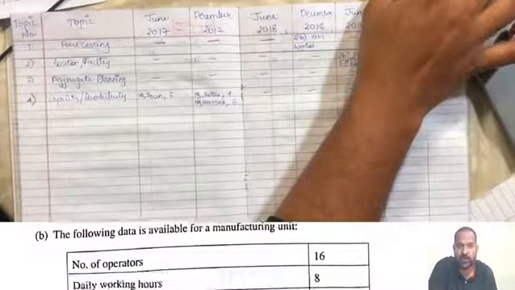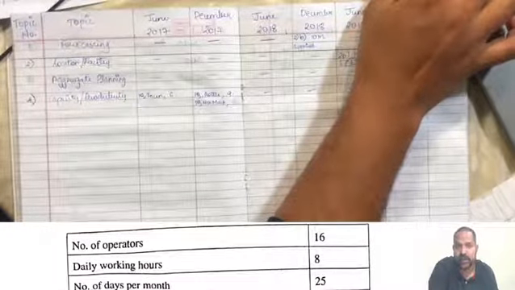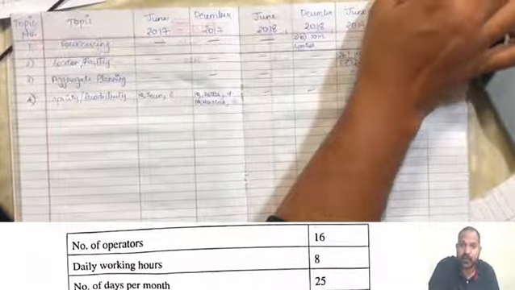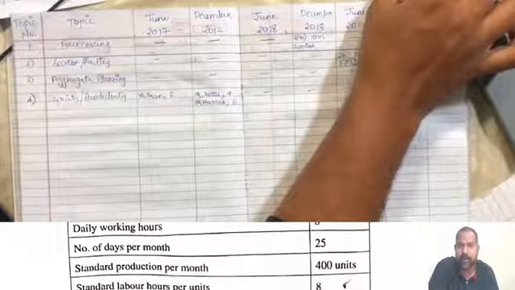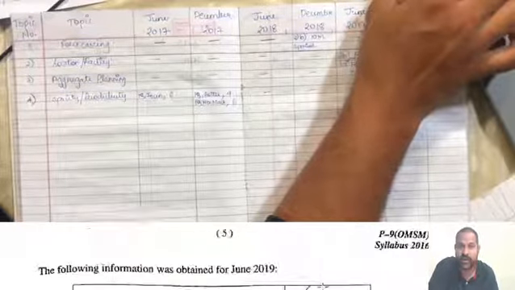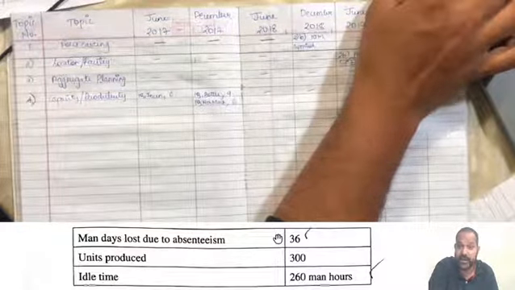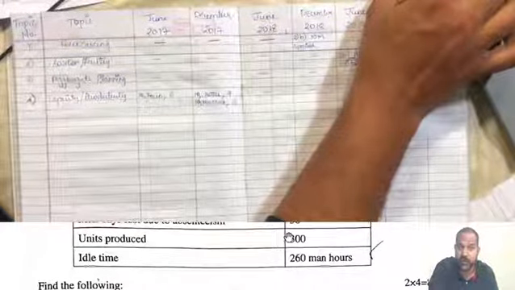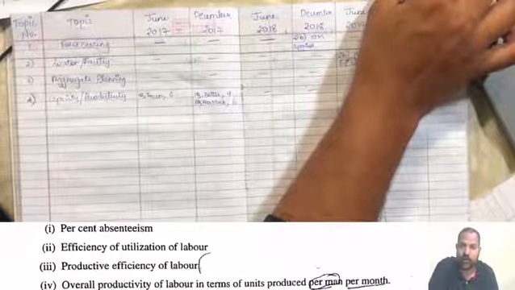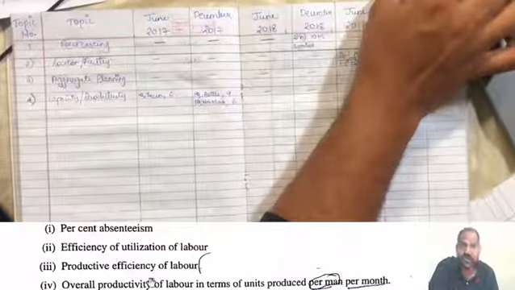Immediately after that, 3B is a question that we just did some time ago. And that is number of operators, daily working hours, number of months, standard production, number of hours worked, the number of days lost due to absentees, units produced, and the idle time. With all this, all the questions asked are exactly the same.